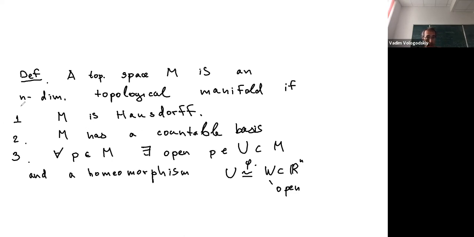This definition implicitly assumes that this number n, which is called the dimension of M, is well defined.